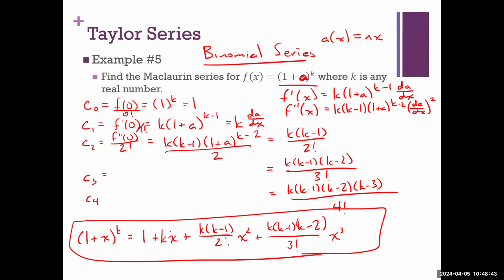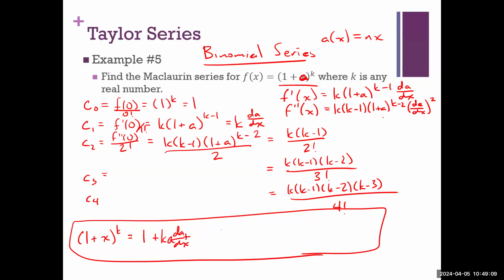So if I start making the modifications to what I have down here, instead of 1 plus kx, it should be 1 plus k times a times da dx. And then how about that next term?